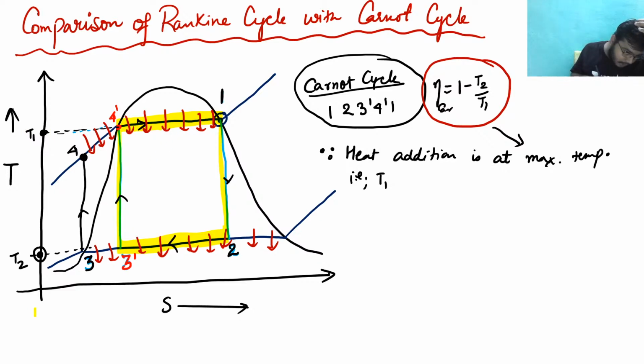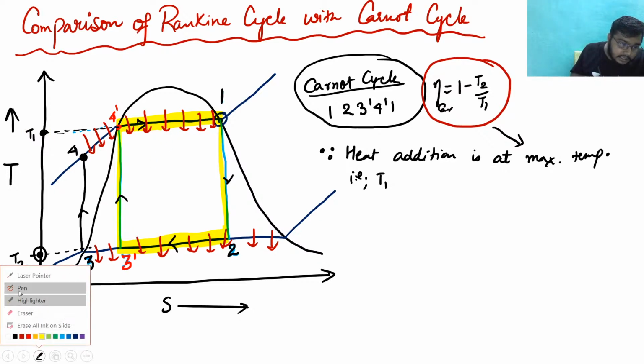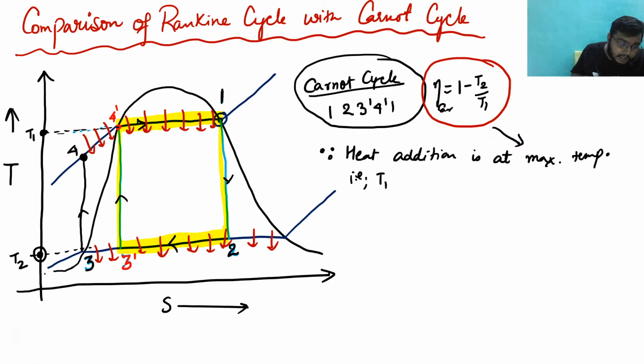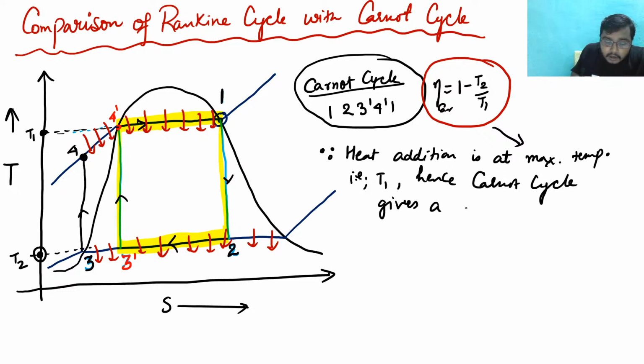So what I can write here is, since heat addition is at a maximum temperature, that is T1, hence the Carnot cycle gives a large efficiency.